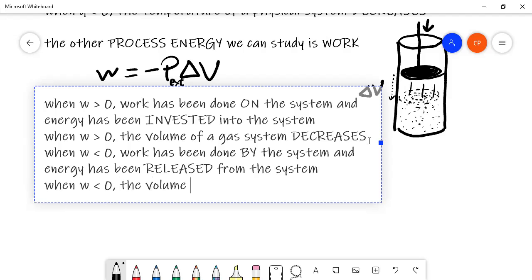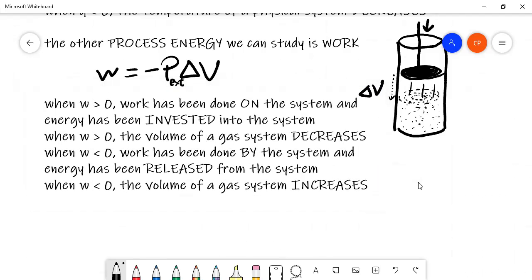When W is less than 0, that must mean the volume of the gas system increases. These sign conventions are tremendously useful to keep the meaning of positive and negative signs straight in our head.